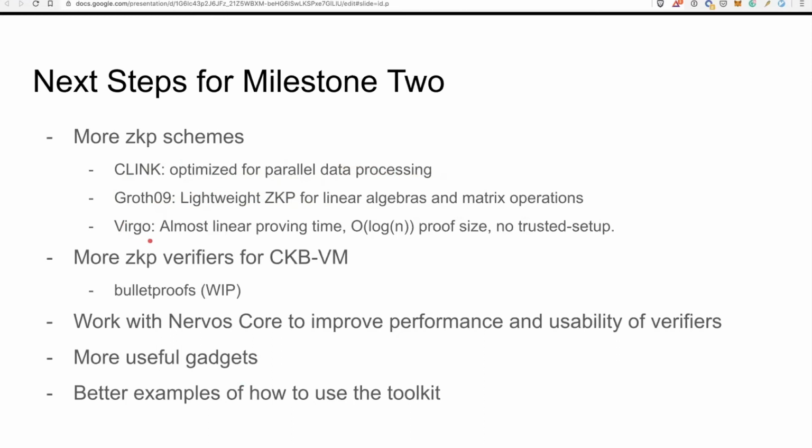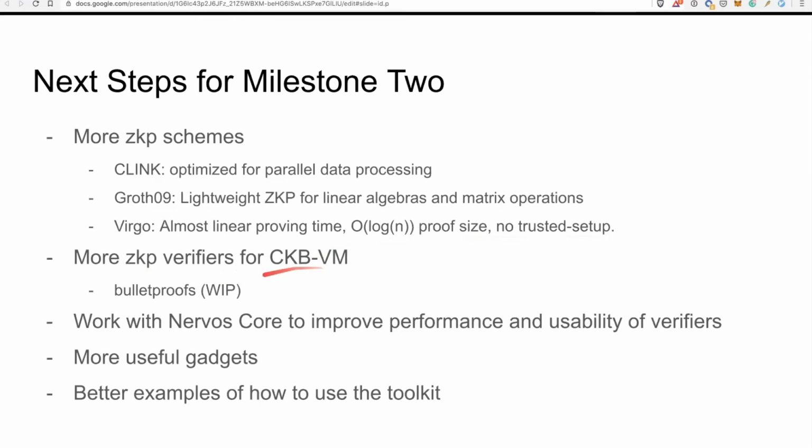And we will implement Virgo. It has almost linear proving time and O(log n) proof size, and still no trusted setup required. We will provide more ZKP verifiers for ZKP-VM.